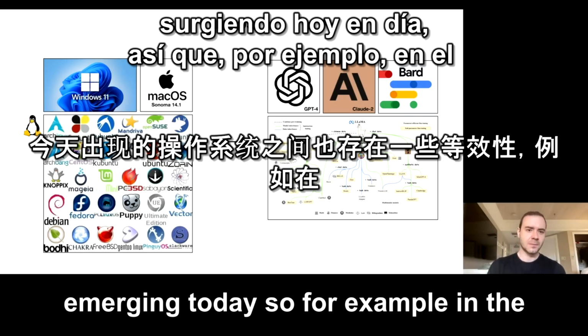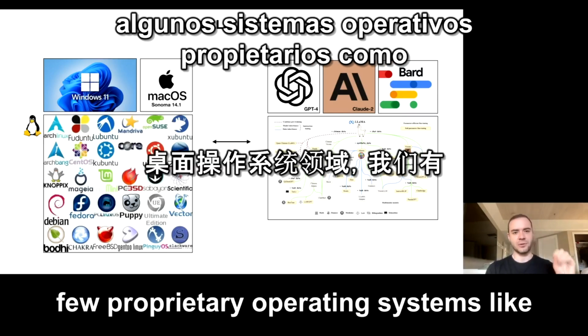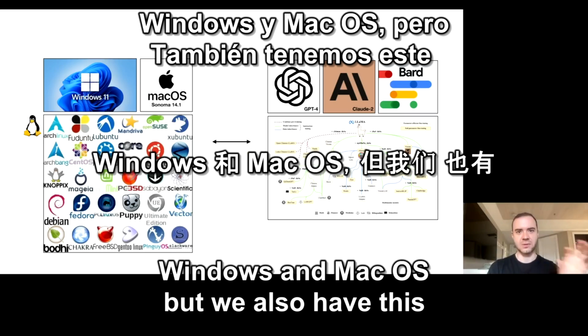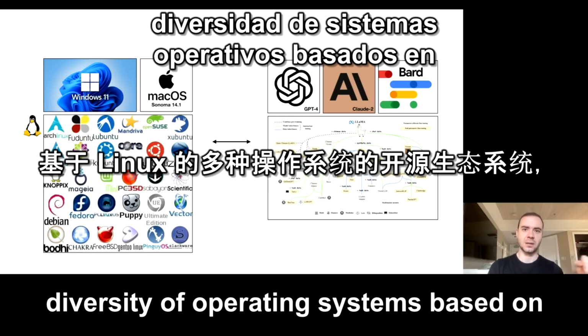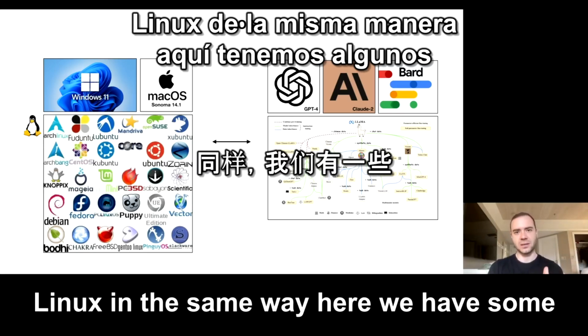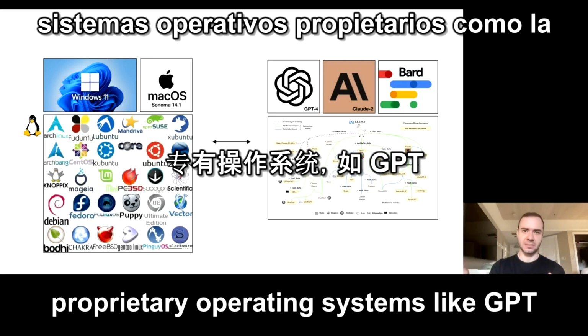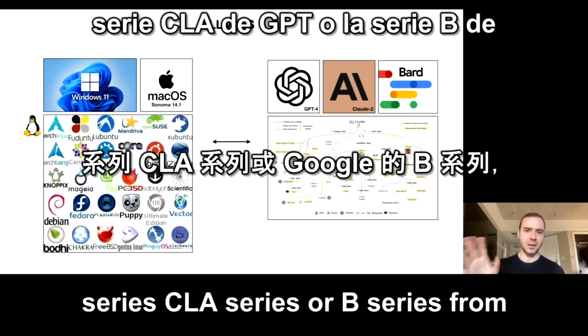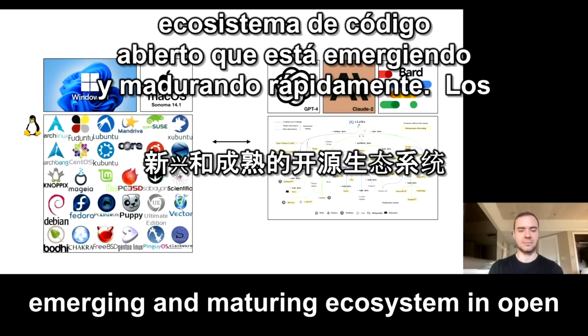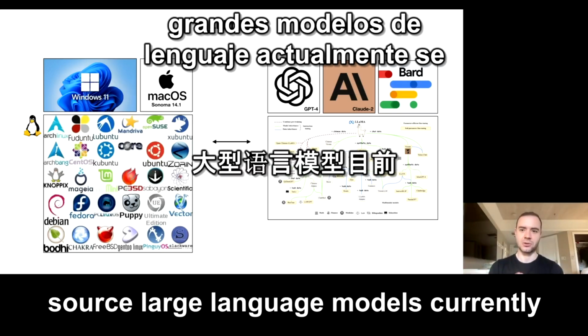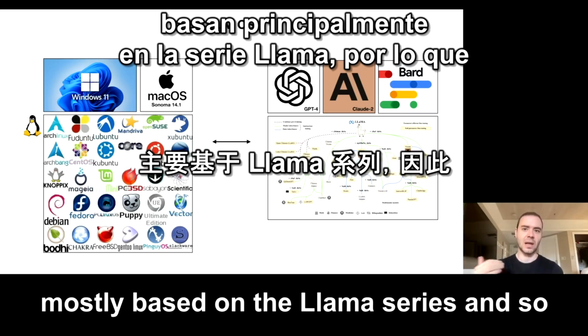So, for example, in the desktop operating system space, we have a few proprietary operating systems like Windows and Mac OS, but we also have this open source ecosystem of a large diversity of operating systems based on Linux. In the same way here, we have some proprietary operating systems like GPT series, Claude series, or BARD series from Google, but we also have a rapidly emerging and maturing ecosystem in open source large language models, currently mostly based on the Llama series.